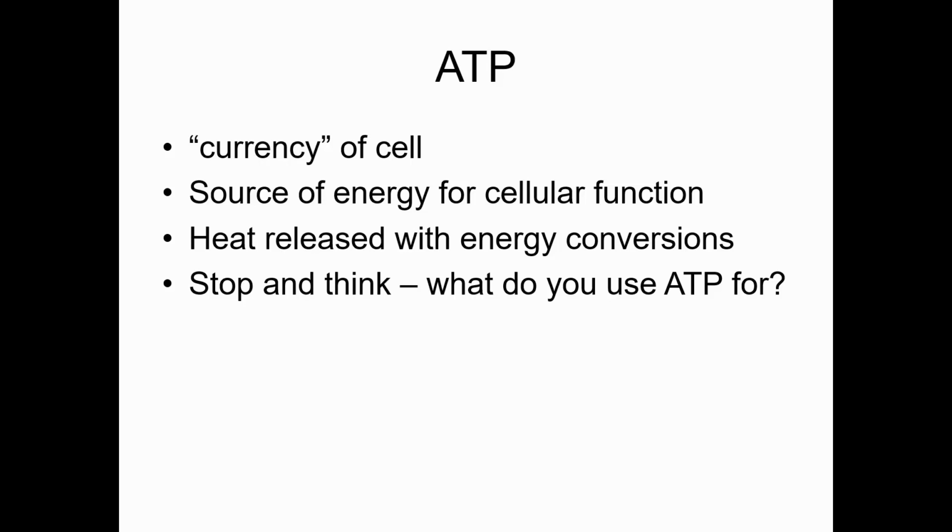And when you break down an ATP to fuel the power stroke, some of the energy in ATP moves the myosin head so you can slide the cross bridges, but some of the energy is given off as heat. So think of things we're using ATP for.